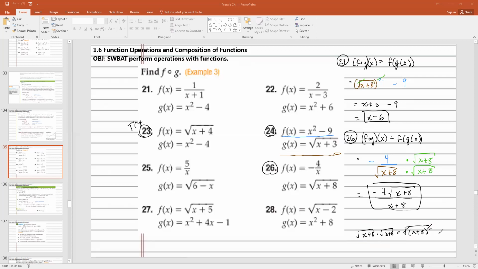So these cancel each other out, and you're left with x plus 8. That's it. All right, and there we go.